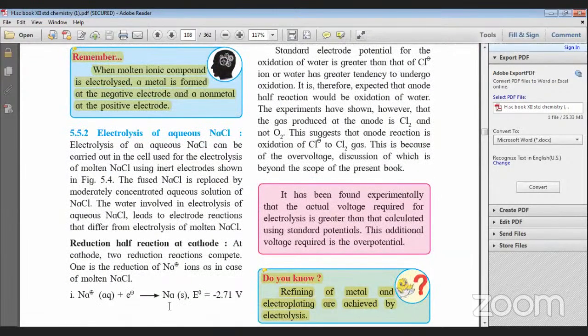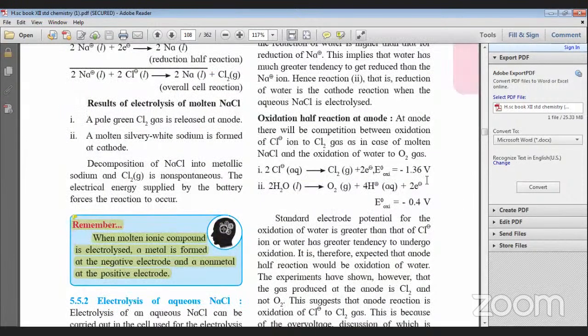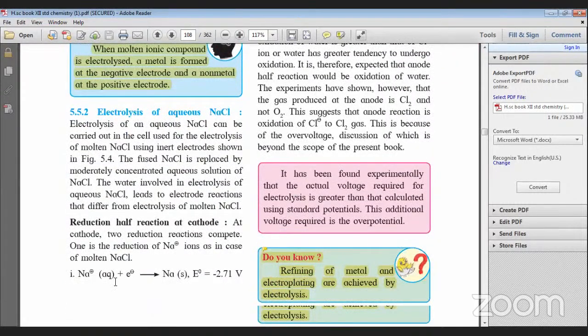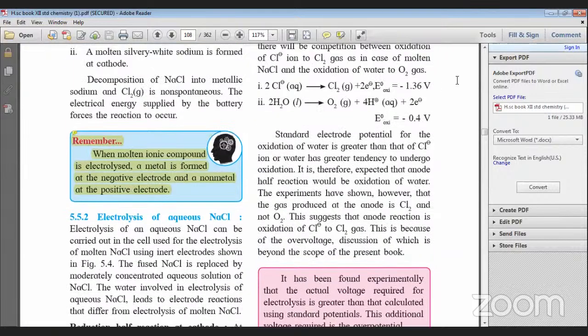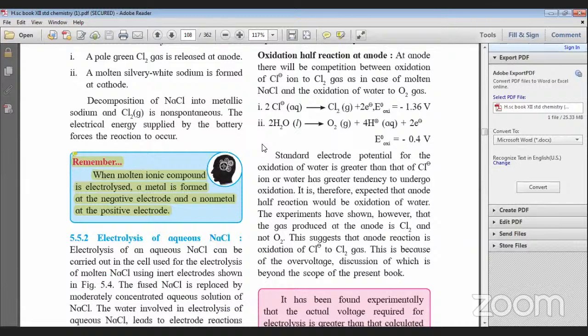One is formation of solid Na, and the other is release of hydrogen gas and formation of OH minus ion. As you have seen, because of the electrode potential, reduction of Na won't take place in aqueous NaCl, but reduction of the water molecule will take place. So the water molecule will undergo reduction.